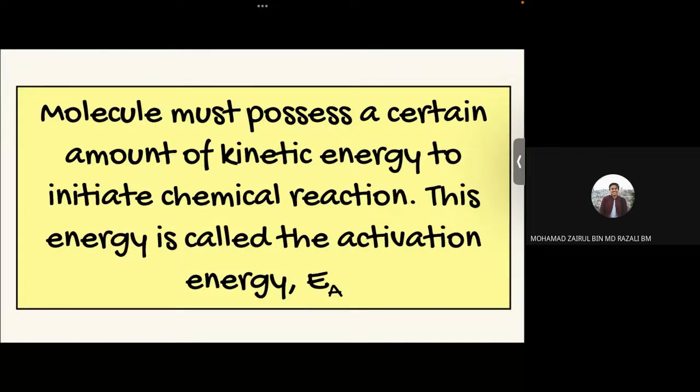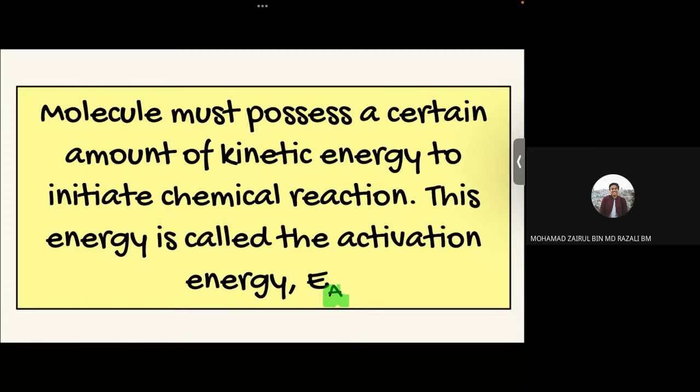Okay, now second requirement, for the collision to be effective, the molecule must possess a certain amount of kinetic energy to initiate the chemical reaction. Energy ni kita panggil dia sebagai activation energy. So basically, activation energy is the minimum energy required for the reaction to happen.